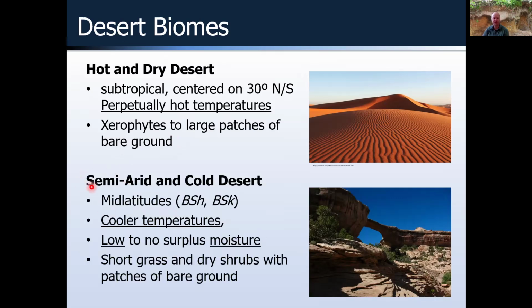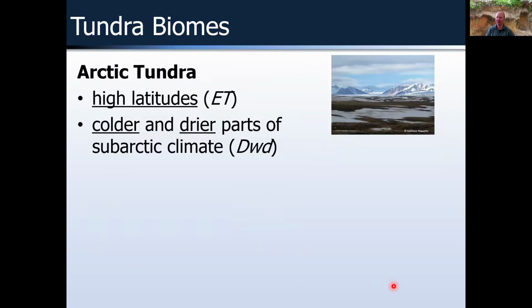Within deserts, we can look at semi-arid, so it gets a little bit more moisture, and look at cold desert biomes. And so here you might have cooler temperatures, but you have a very low amount of moisture, so there's not much to go around. And so in these more semi-arid and cold desert locations, you will have some vegetation, but it's pretty sparse with large patches of bare ground.